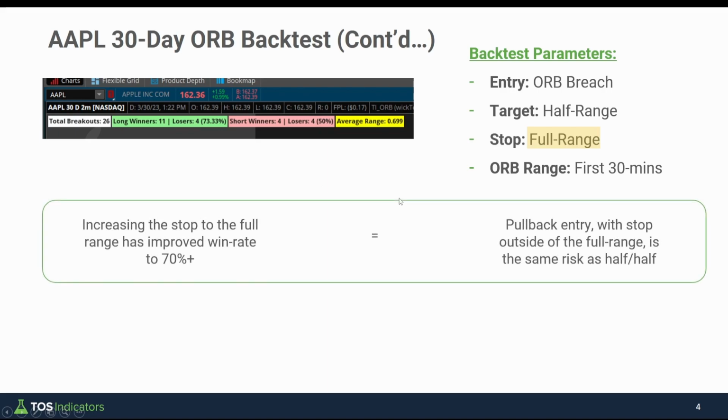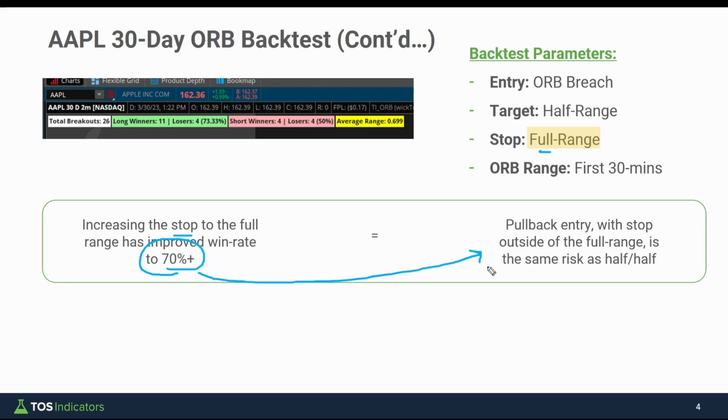So using that, we can deduce one additional piece of information here, which is by increasing the stop length from that half range to a full range length, we were able to improve the win rate to above 70%. So we went from more or less 53% now up to 70%. That is a nice improvement in the overall win rate, and it gives us one additional piece of information.